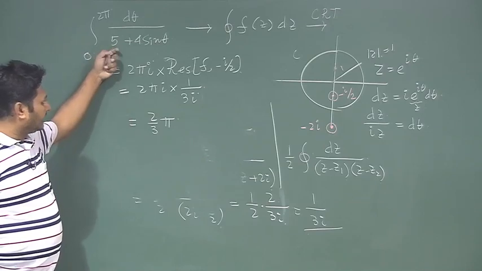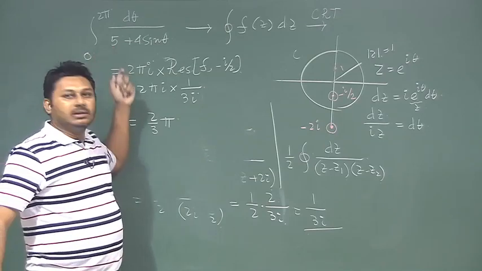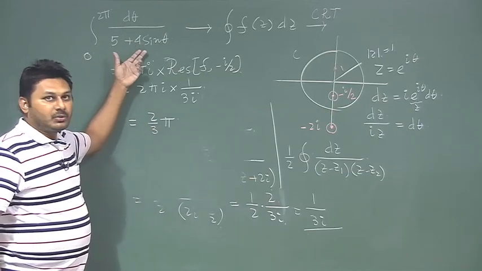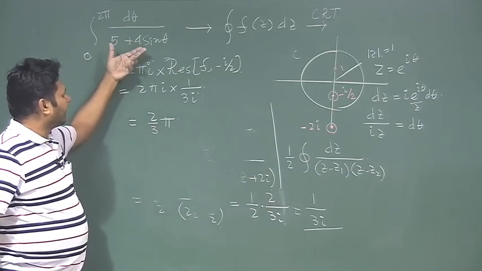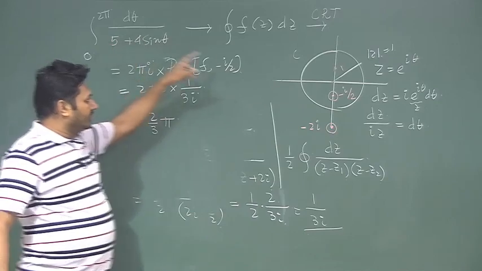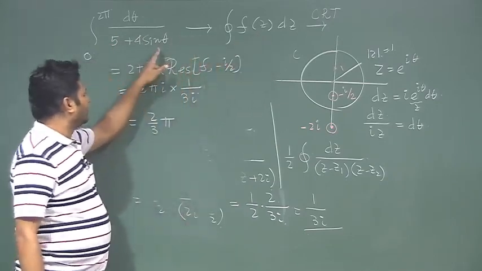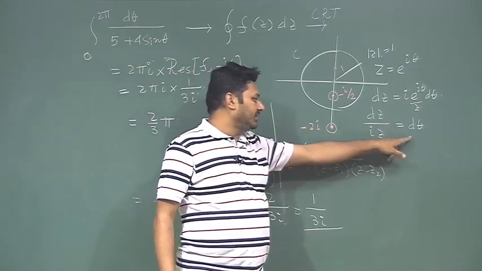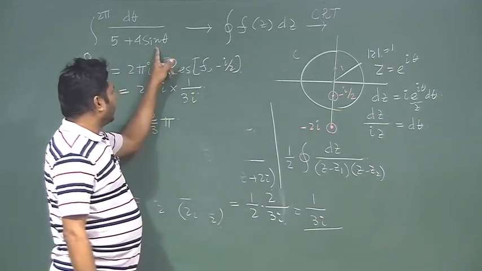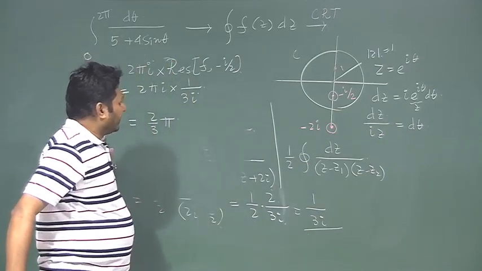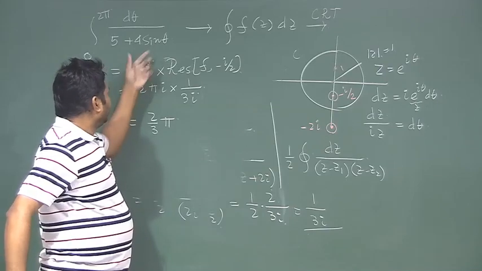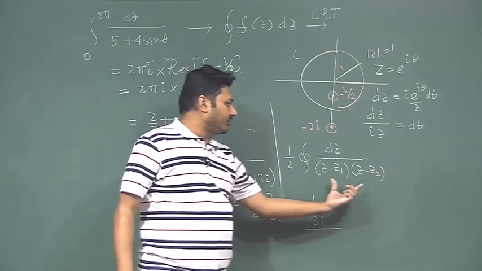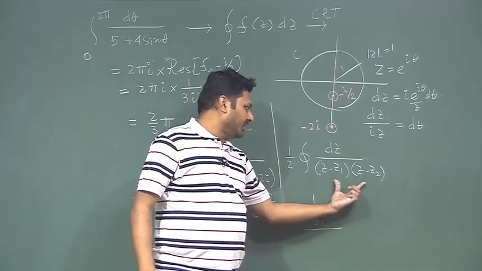So, this is the integration that is purely real. Let us now try to appreciate how these things are happening. You need to convert this to a complex integration by changing d theta as dz by I z, and then sine you can change in terms of z as z minus 1 by z divided by 2 I. Then you will have an expression here, and you can factorize it and find where the residues are.